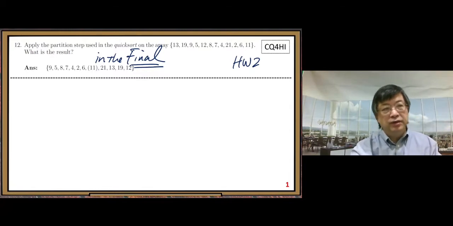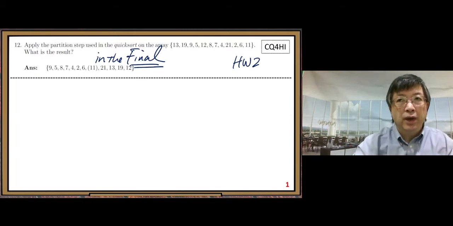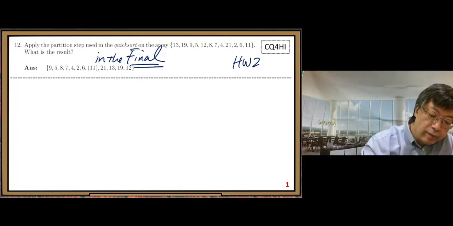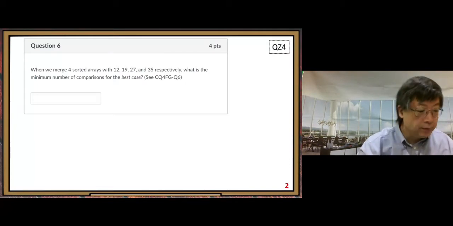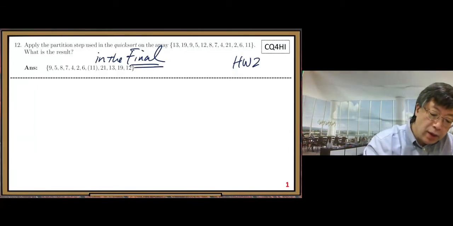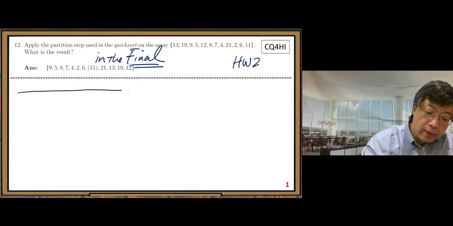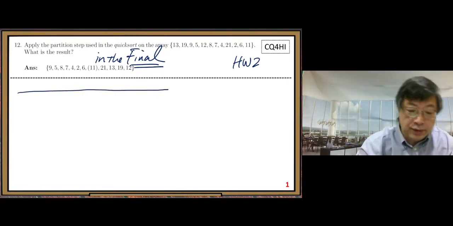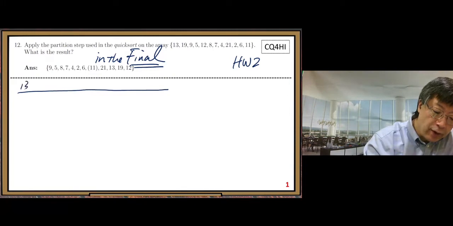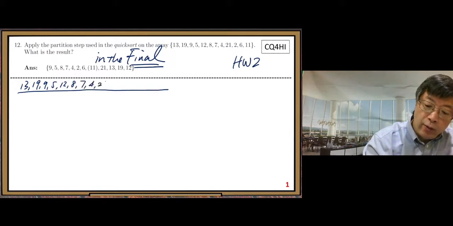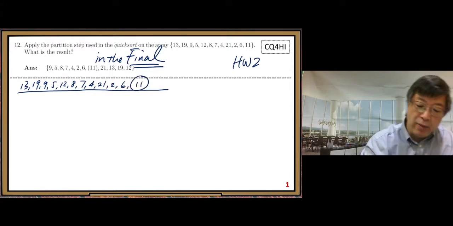The question here, let me show you the basic way to work it out. First, I just copy the data. 9, 5, 12, 8, 7, 4, 21, 2, 6, 11. Last element is the pivot.